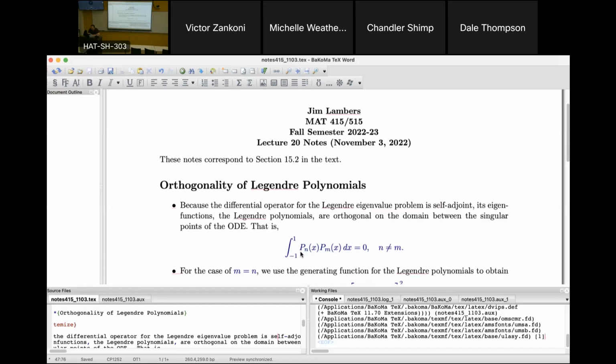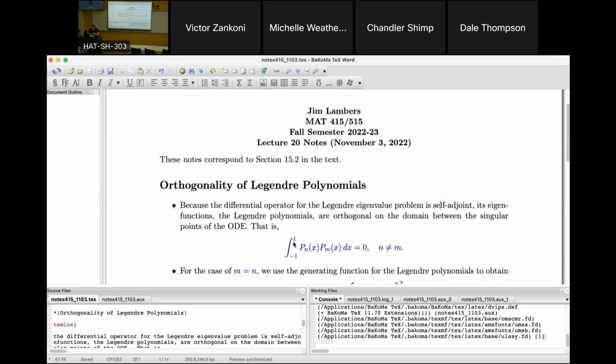the integral from -1 to 1 of the product of two distinct Legendre polynomials is 0. The reason why the domain of the integral is -1 to 1 is that x equal plus or minus 1 are singular points of the Legendre ODE.